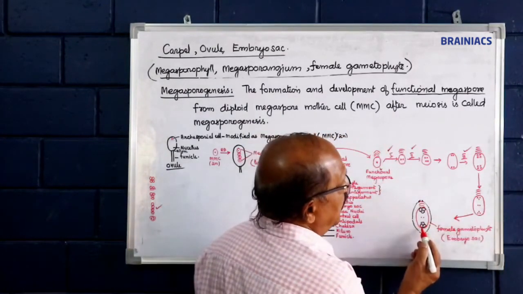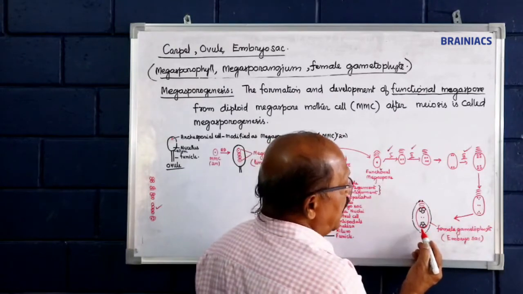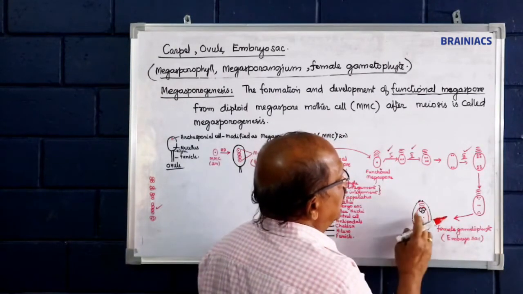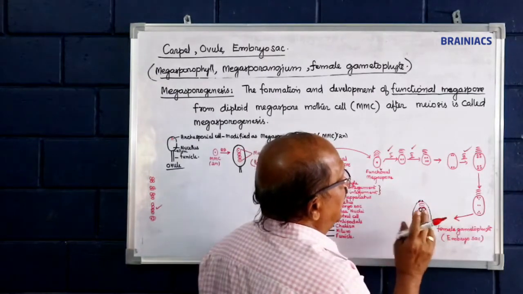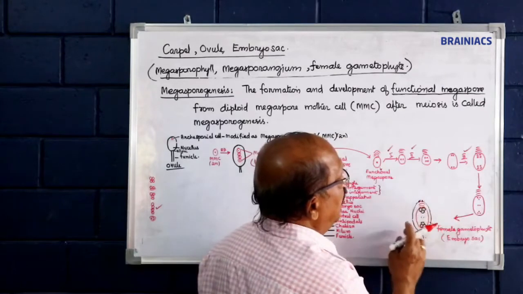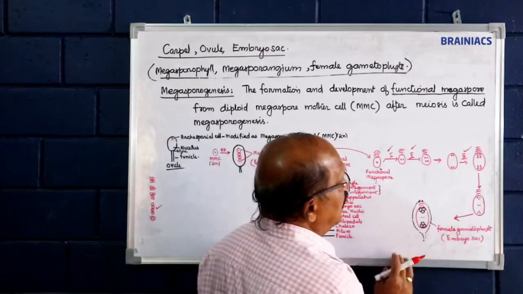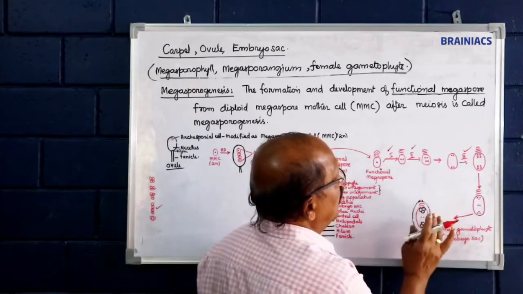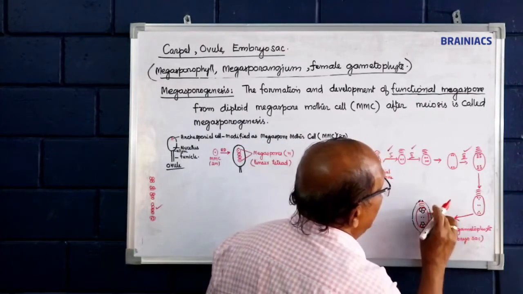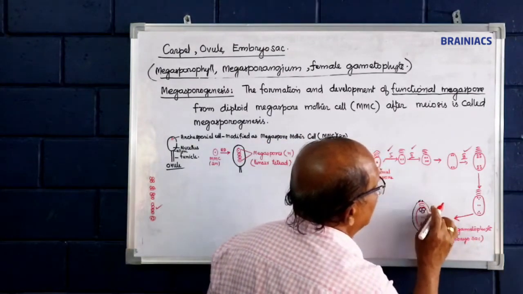This is followed by wall formation, engulfing a nucleus within each cell. The 2 centrally located nuclei remain there, kept inside the large central cell. So this is the embryo sac, the female gametophyte.